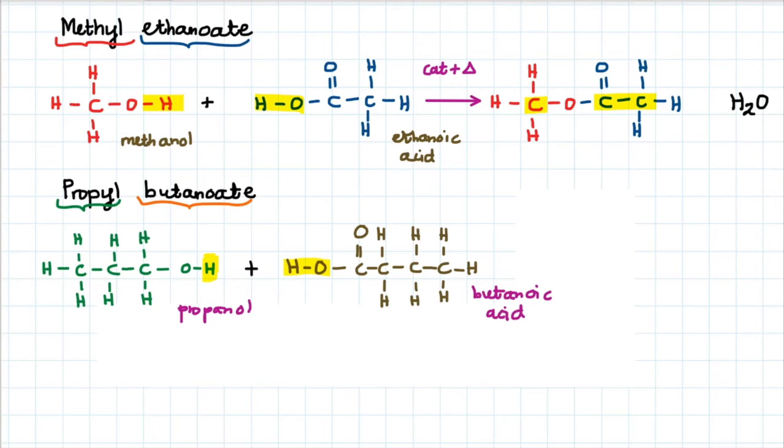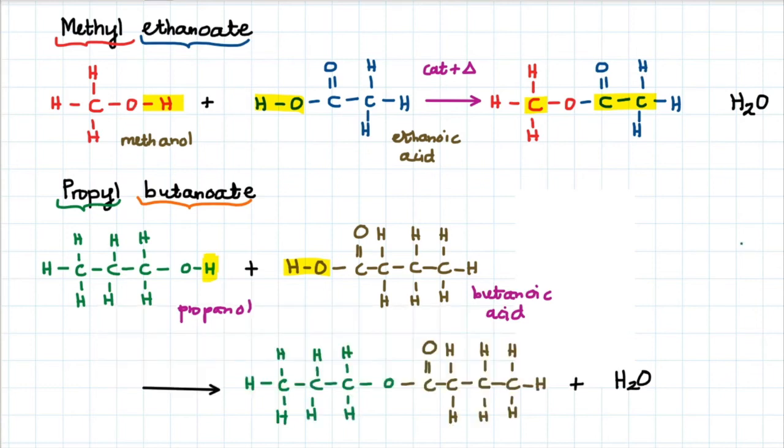These will react together to form water. And the rest of the compounds are going to react together to form the ester propyl butanoate. As you can see, this side of the compound comes from the alcohol, while this side over here comes from the carboxylic acid. And this is how you draw propyl butanoate.